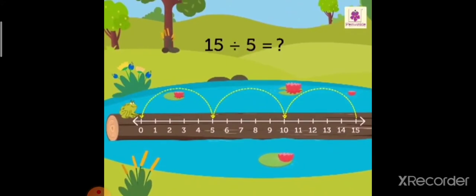Again number of groups we will count. 1, 2, 3. So answer is 15 divided by 5 is equals to 3 because Bumpy has taken 3 jumps. Isn't it easy? And it is very interesting also.